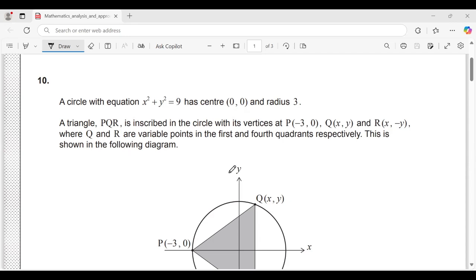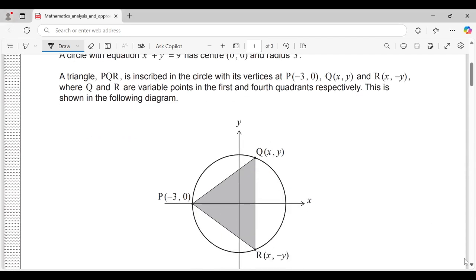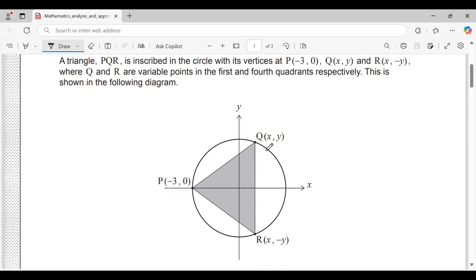This is shown in the following diagram. So this is Q in the first quadrant, the second quadrant here, the third quadrant here, and the fourth quadrant here.